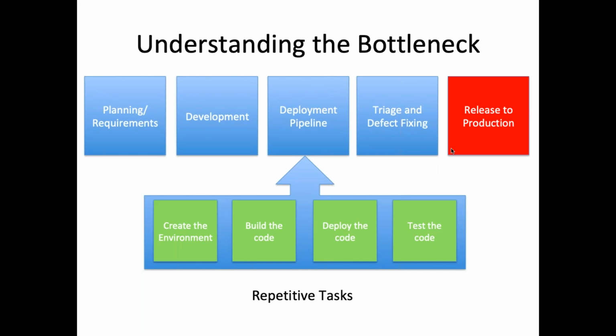But eventually, as we solve those problems, what we're really trying to do is get it down to where the bottleneck is either in the planning and requirements process or in the development process. Some people would argue that the bottleneck should really be in the ideation area.